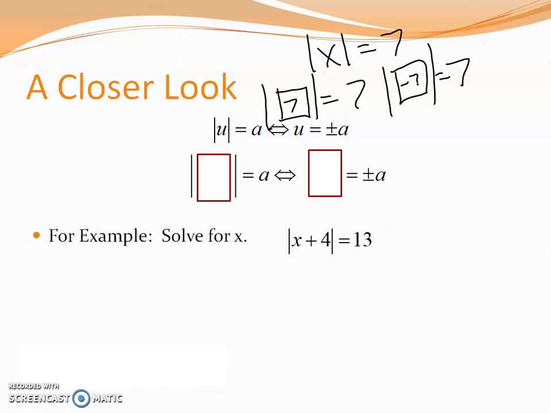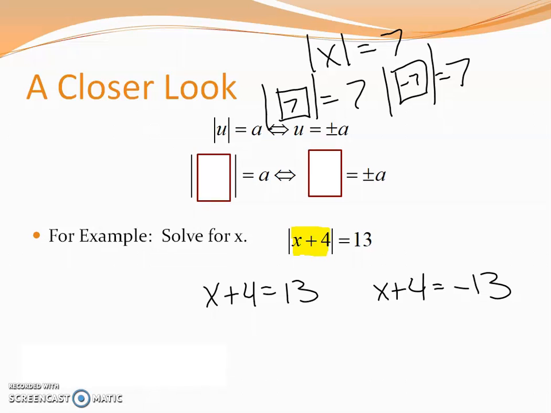So when I'm solving this equation, the absolute value of x plus 4 equals 13, what's on the inside, that x plus 4, could equal 13, and that would make the statement true. However, x plus 4 could also equal -13, and that would still make it true.